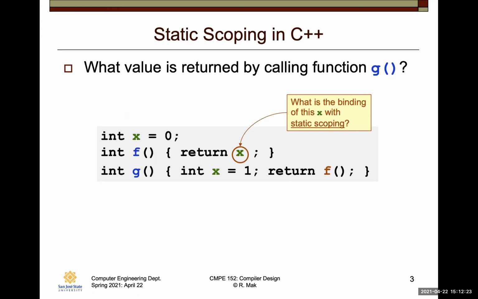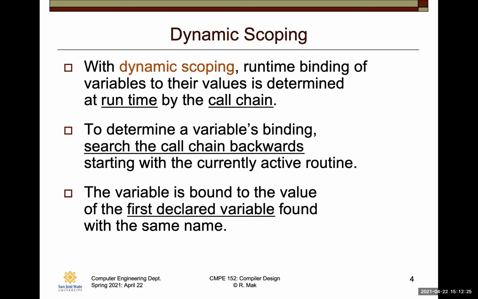The value of the variable is the value of the first declared variable that we encountered by going backwards in the call chain.